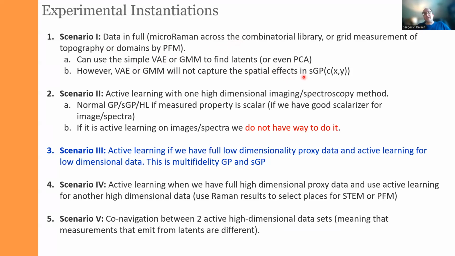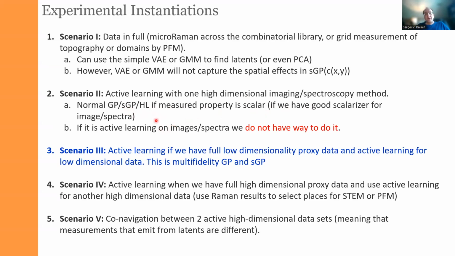If we have a lot of data, that's not even important. So we can just take it as it is. Another scenario can be active learning when we have one high-dimensional measurement. So if the measured property is scalar, or we have a scalarizer, that's where we use the SGP or hypothesis learning.